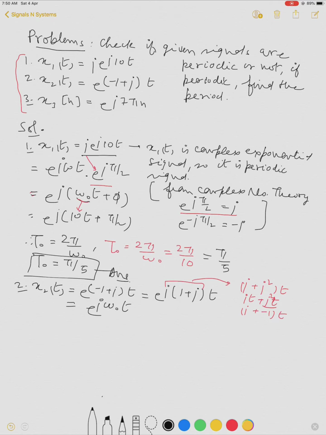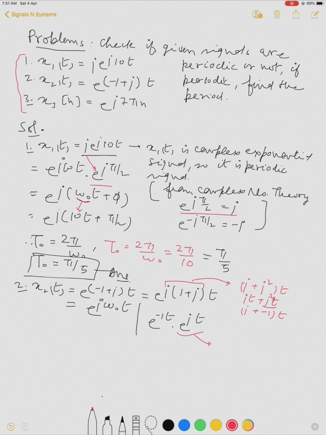First of all, we should know whether it is a periodic signal or a non-periodic signal, so we need to know what type of signal it is. You can expand this as e raised to the power minus t multiplied by e raised to the power jt.